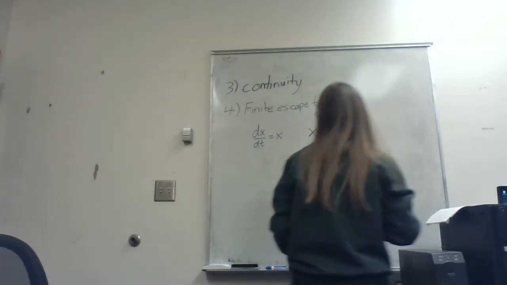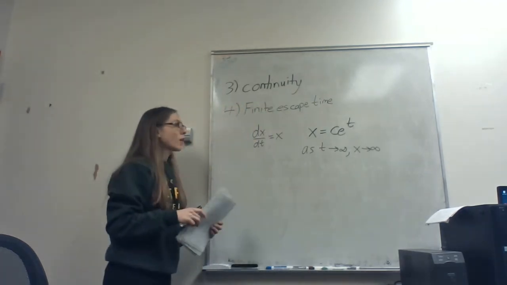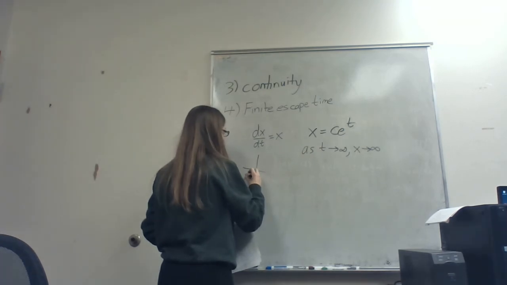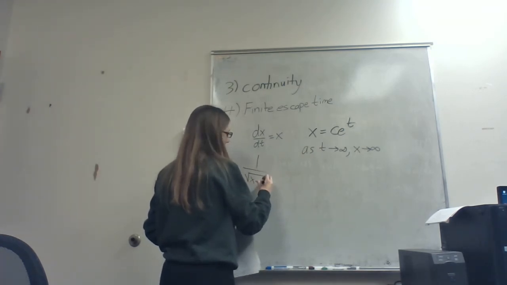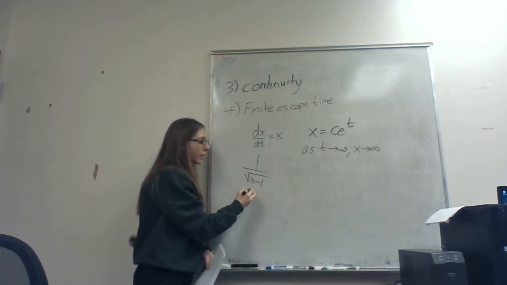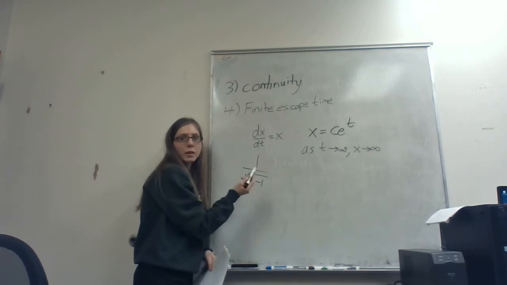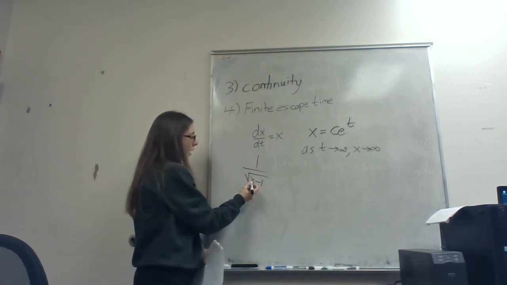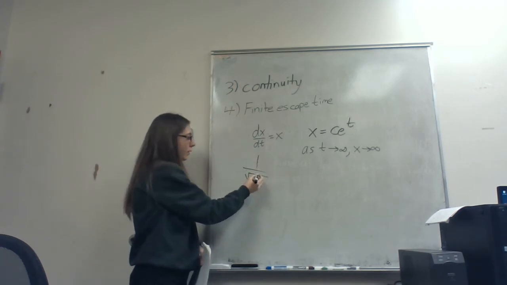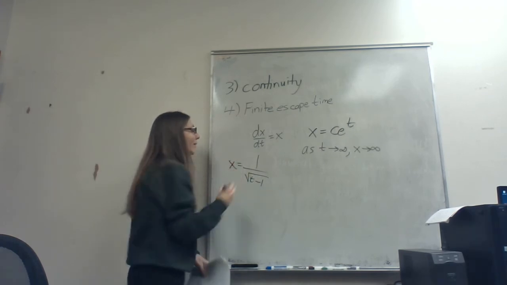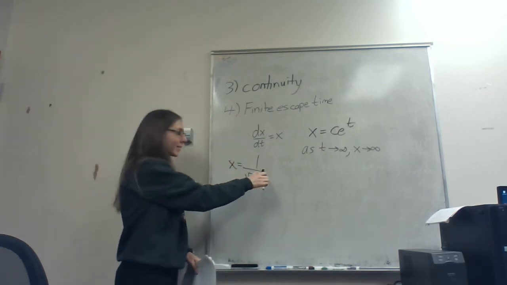But the basic point is, you can get solutions of nonlinear systems where, say, the solution happened to be something like 1 over t minus 1.